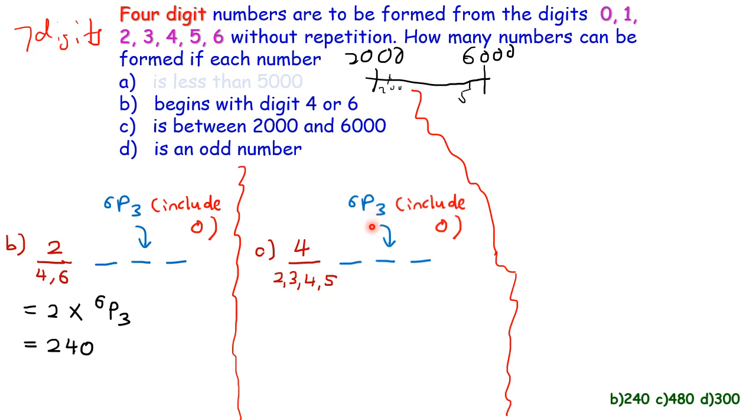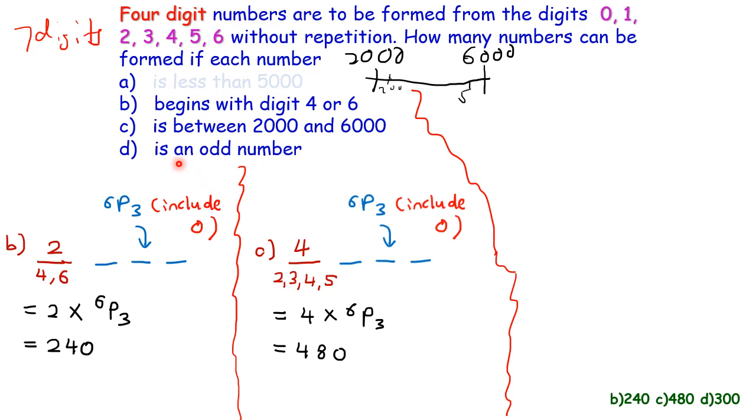And then same as the previous question, from the remaining 6 digits we choose another 3, including 0. So the number of arrangements will be 4 times 6P3 and the total arrangement will be 480.